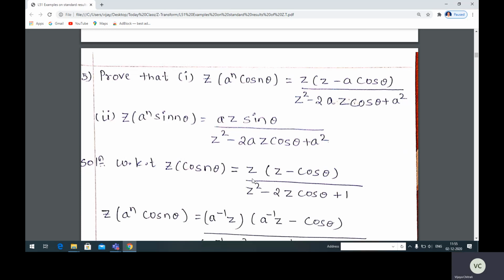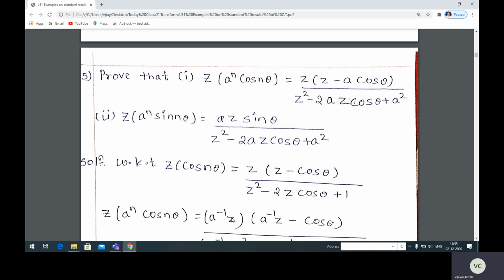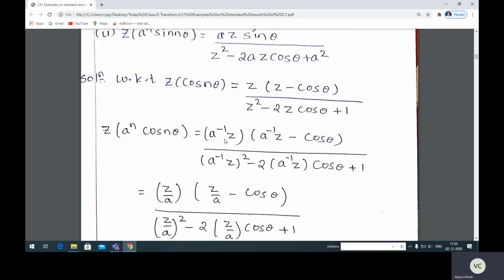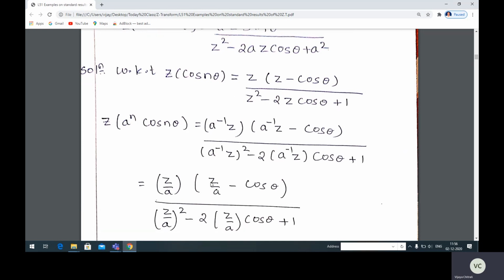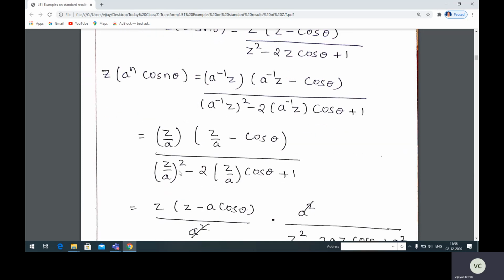Now in place of Z, you substitute a inverse Z or Z by a. So we'll get (a inverse Z minus cos theta) divided by (a inverse Z raised to 2 minus 2 a inverse Z cos theta plus 1). Now take LCM and simplify.